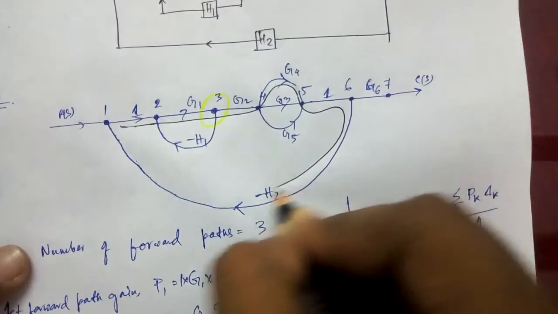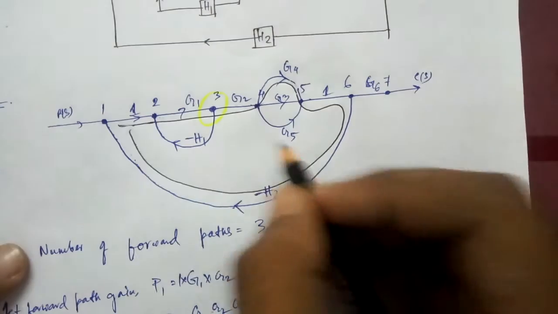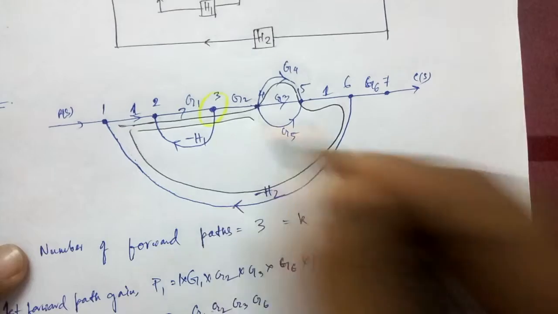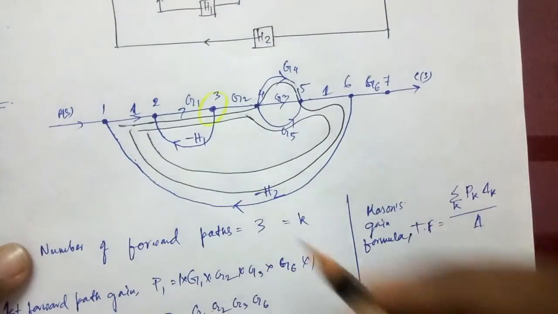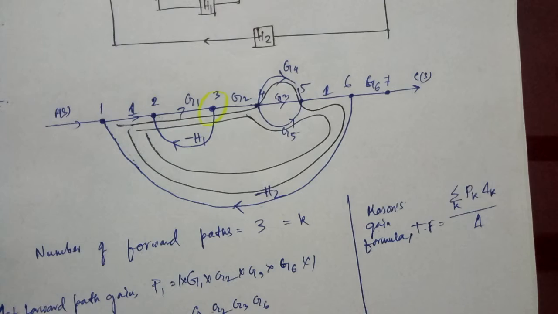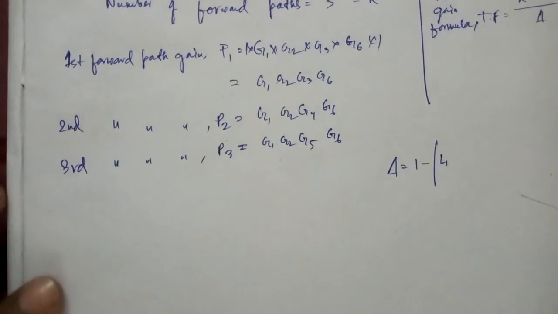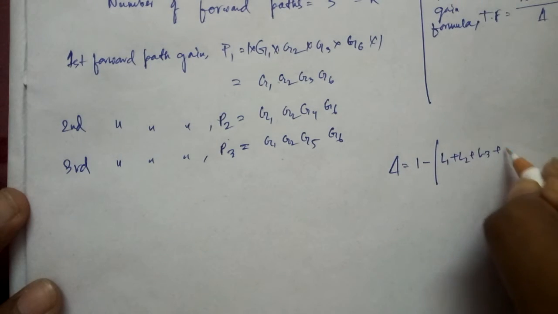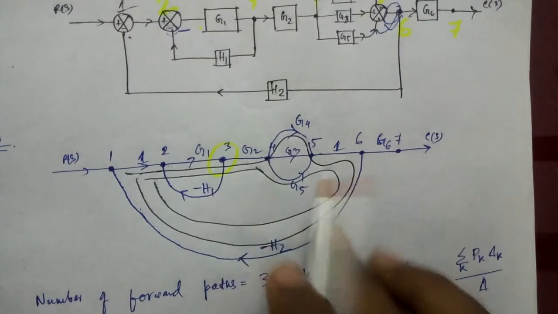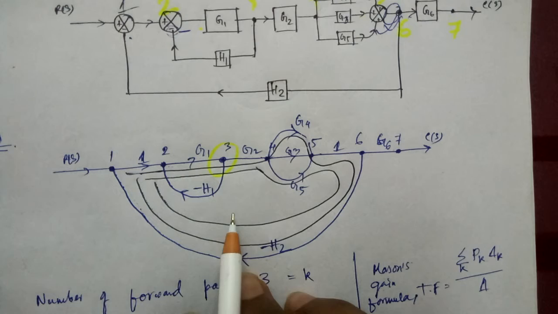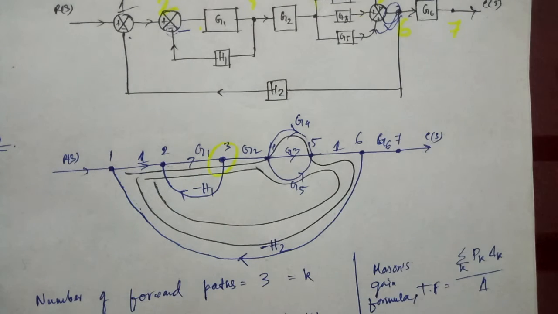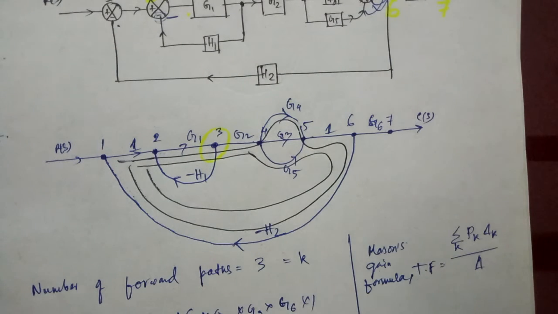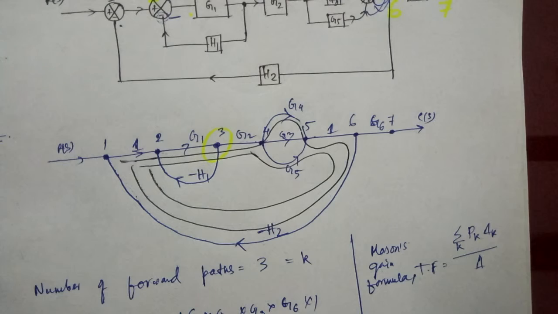This will be another loop, and starting from here this will be another loop. So in total there are 4 loops. Let us calculate the delta, that will be 1 minus L1 plus L2 plus L3 plus L4, and there are no 2 non-touching loops. Each and every loop is touching one another, so the value of non-touching loops will be 0.